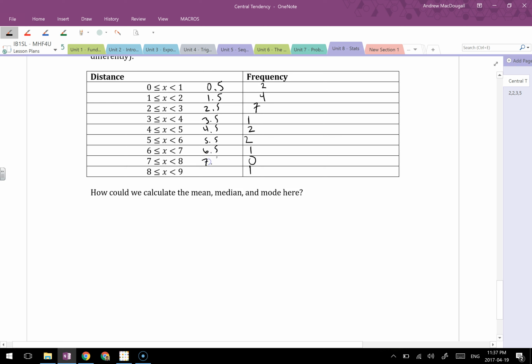Now I would recommend, since you've hopefully already watched the video about how to use your graphing calculator to calculate mean, median, mode easily, you can now enter a frequency table with this list as your data set and these as your frequencies.